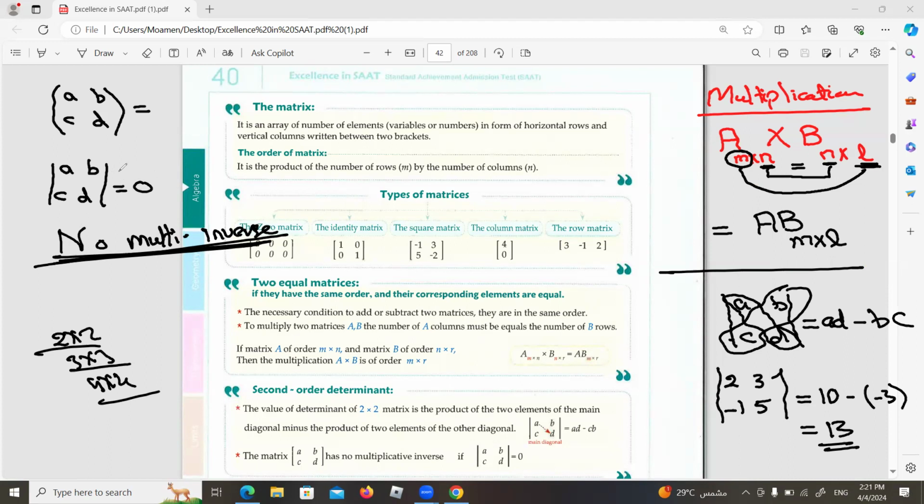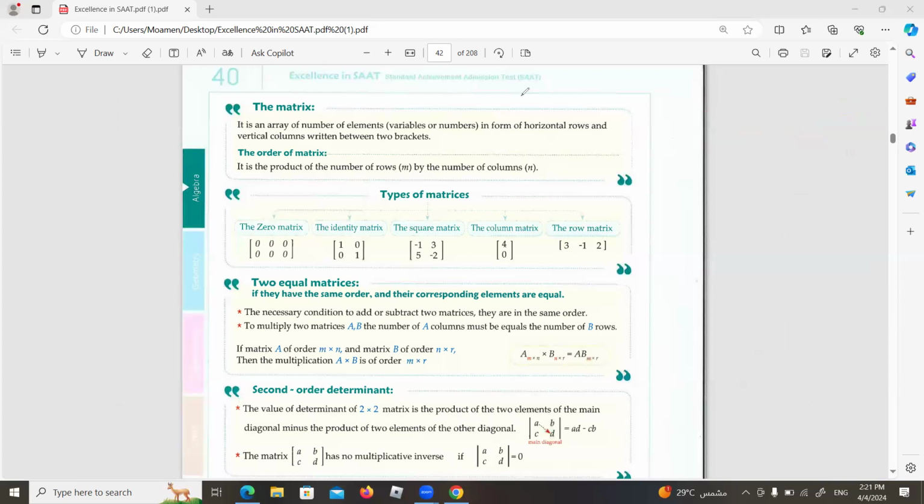If the matrix determinant is equal to 0, there is no multiplicative inverse. How can we get the multiplicative inverse? For example, A, B, C, D is a matrix, and I need to get the multiplicative inverse for the matrix. So the matrix is called, for example, A.